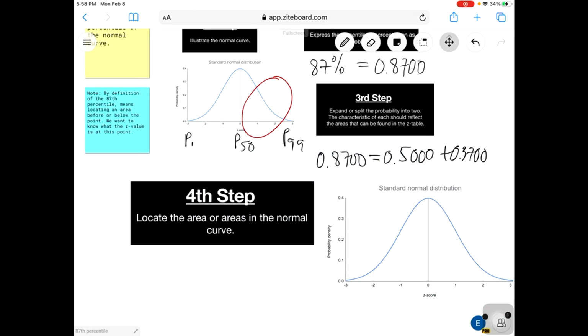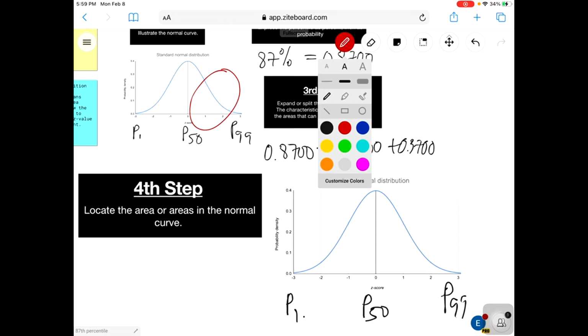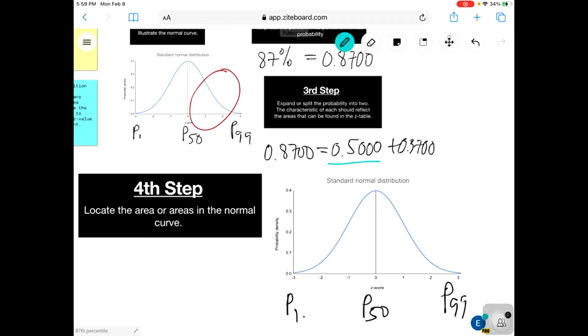Okay, so from here, remember this is the first percentile, and we have the 50th percentile here, and we have the 99th percentile, and we have two areas. 0.5000 is one, this, and 0.3700 here.